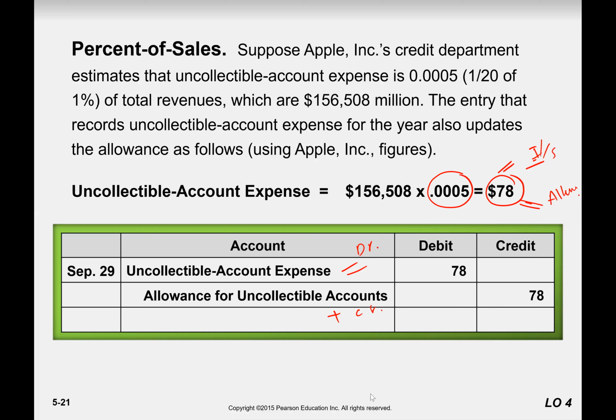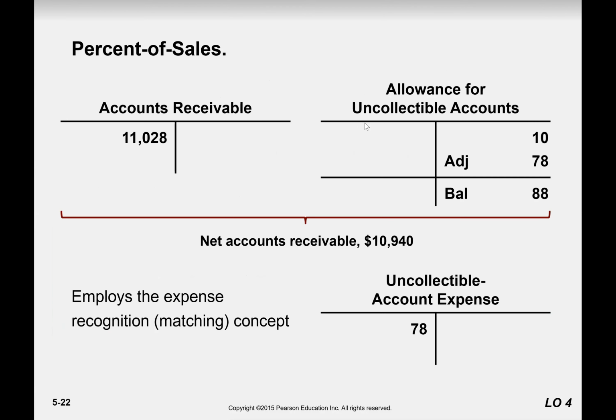Okay, guys, you understand that? So, how are we going to account for it? When we are trying to create allowances, we need two accounts.